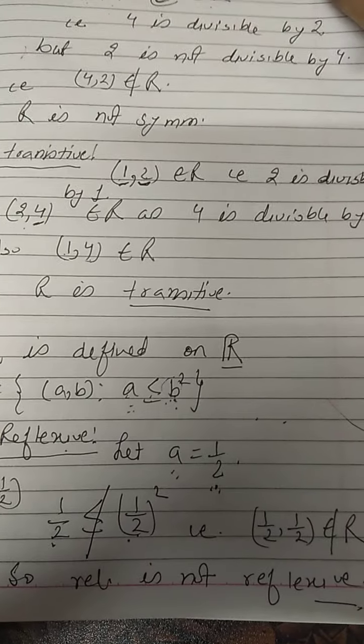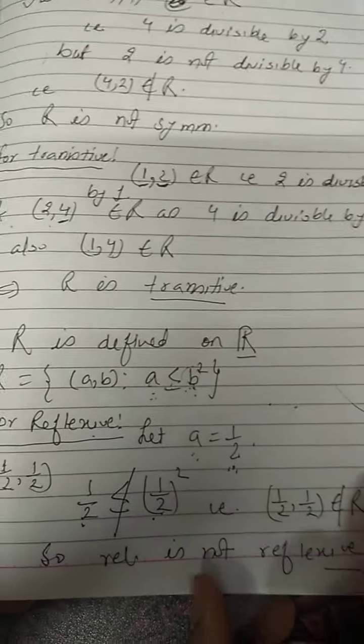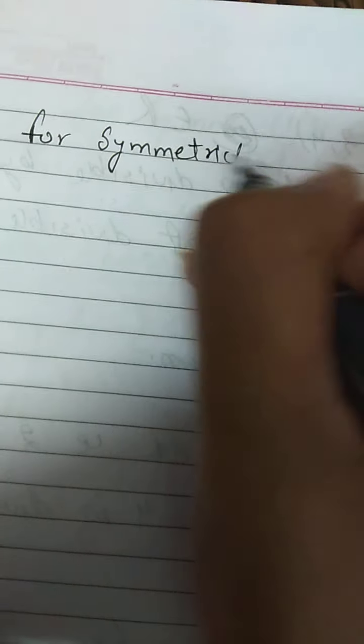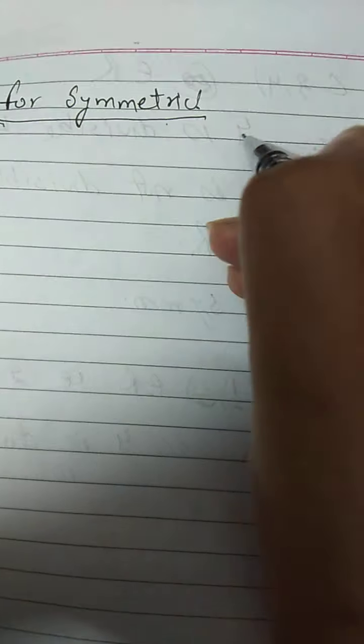The next thing that we have to prove is that it is not symmetric. So let us go for symmetric. In order to show it for symmetric, we can think of numbers, right?